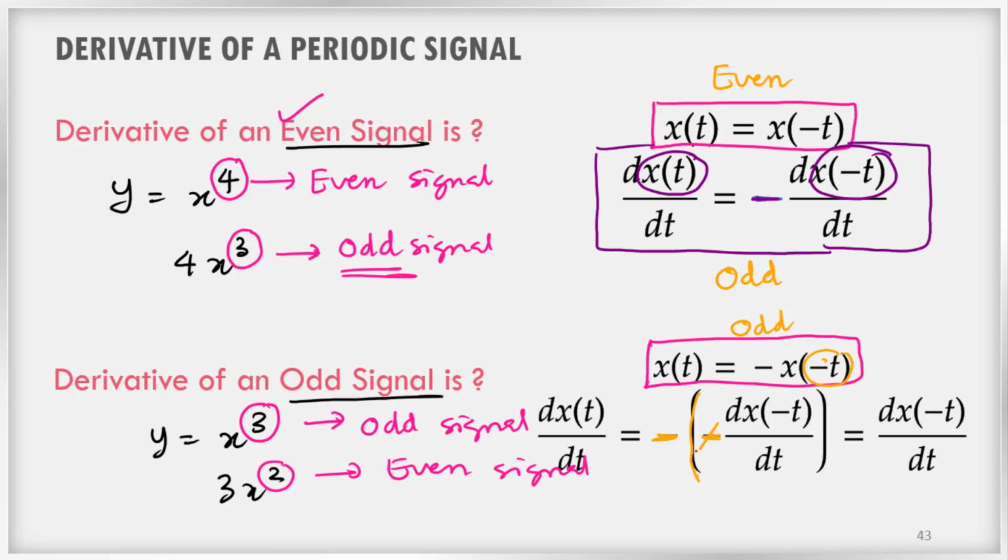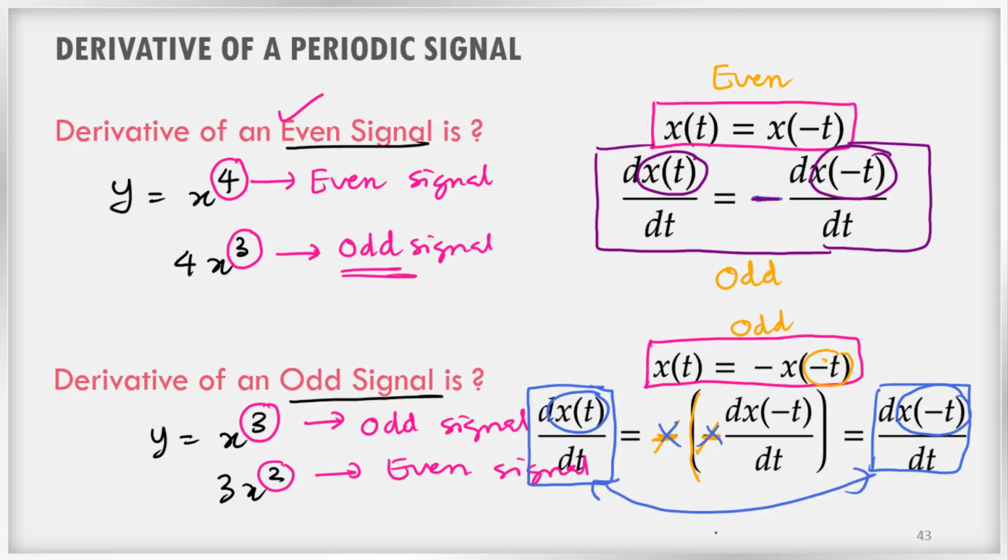This minus and minus will get cancelled, and finally you will get dx(minus t)/dt. So this clearly shows that here it is x of t and here it is x of minus t, which indicates that this is an even signal. If a signal is an odd signal, then its derivative will be an even signal.